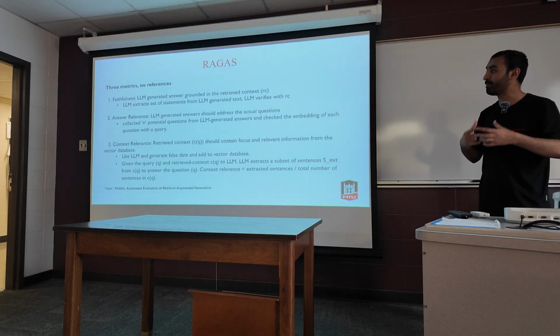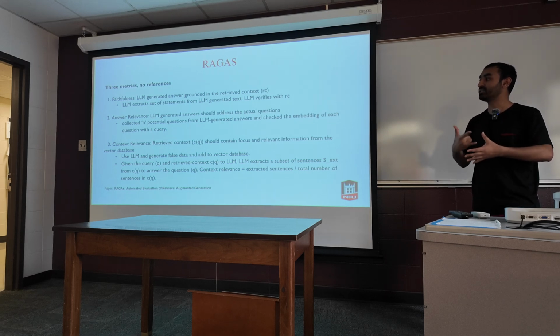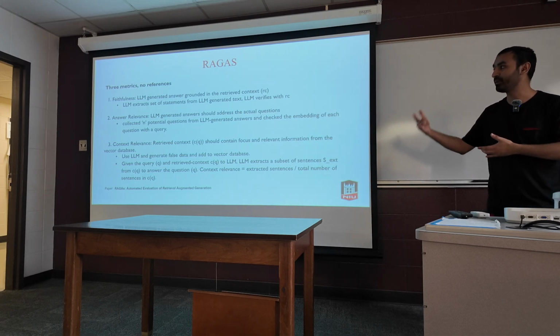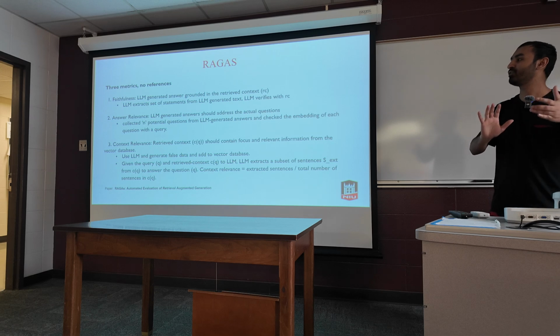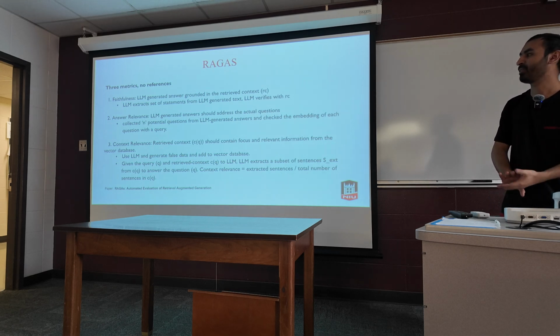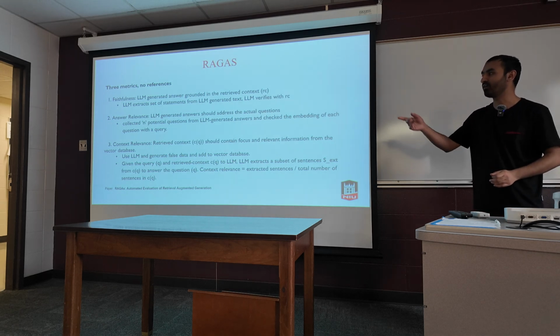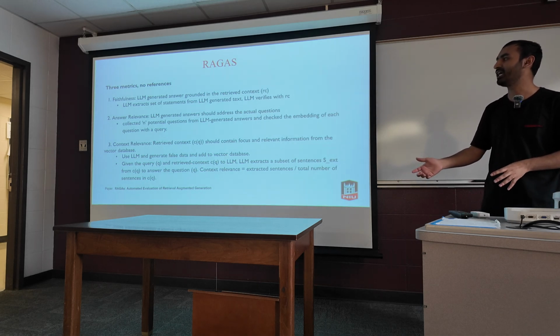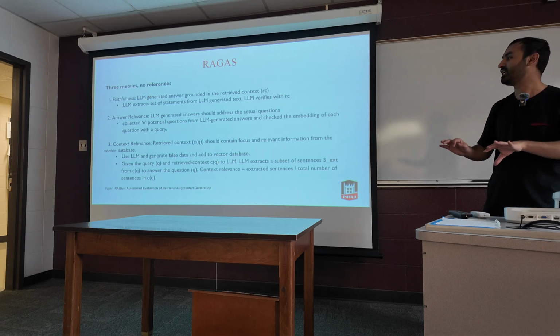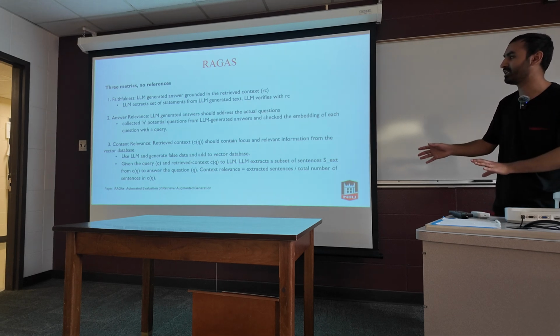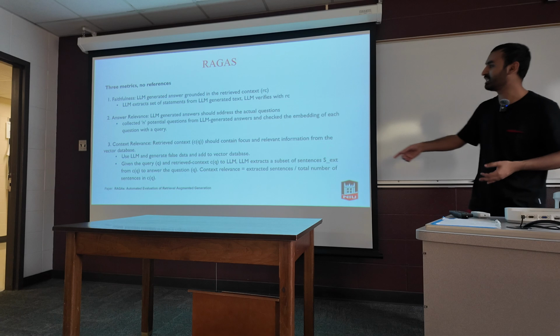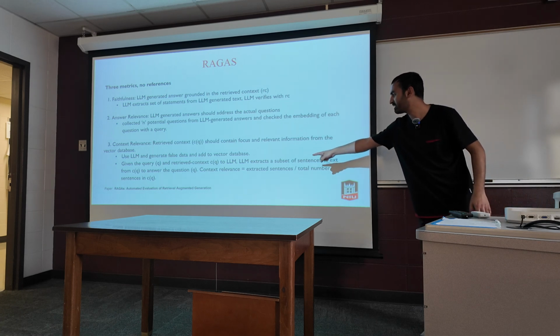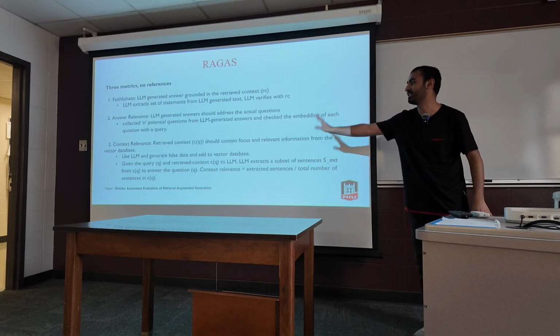So we have to compare the retrieved context from the vector database with the information of the vector database itself. Their approach is a little bit like negative sampling. They use an LLM to generate some false data, add it to the vector database, and then they measure context relevance as the number of extracted sentences divided by the total number of sentences in the context.